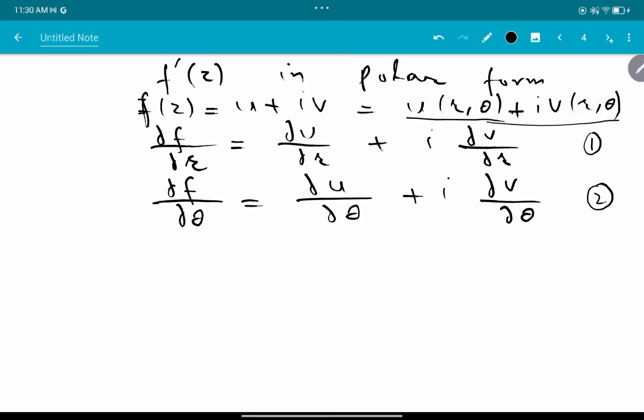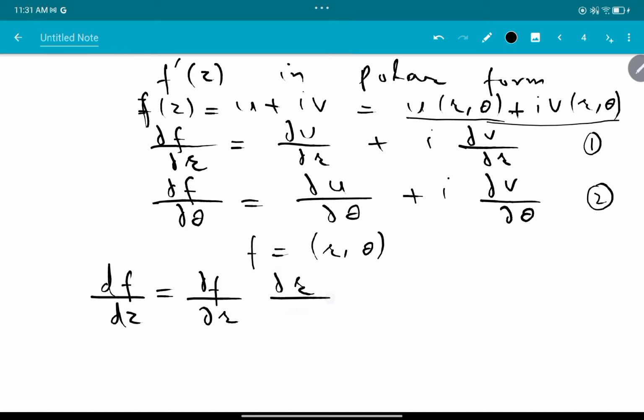Now we do one more thing, that is we know that f is a function of r and theta. So if we write the derivative del f by del z, we can express this total derivative by using chain rule. We can express this as del f by del r into del r by del x plus del f by del theta into del theta by del x.